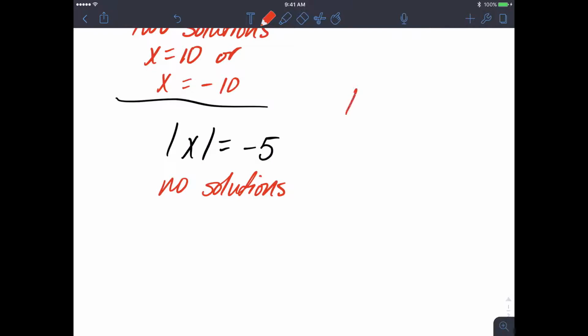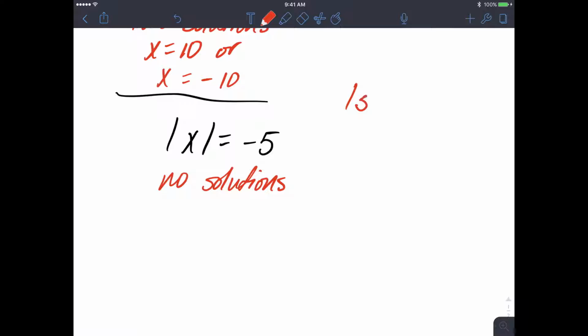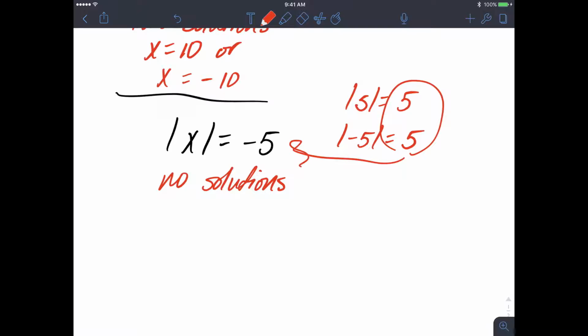But remember, sorry, I messed that up. The absolute value of 5 is 5. And the absolute value of -5 is still 5. That 5 is not -5. Therefore, it's no solution. We can't put anything in for x that the absolute value will give us -5, okay? That's a whole other thing in itself. So when you see the absolute value of x equals a negative number, that's no solution, and this is the proof right here, okay?